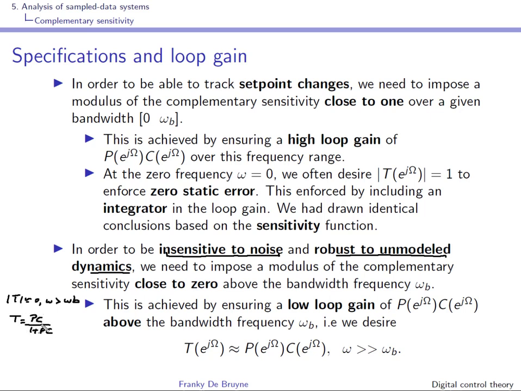So if we impose a small modulus for the loop gain PC, the denominator will be approximately 1, and the complementary sensitivity is approximately the loop gain in those frequencies above the bandwidth frequency. And again, this will ensure insensitivity to noise and robustness to unmodeled dynamics.